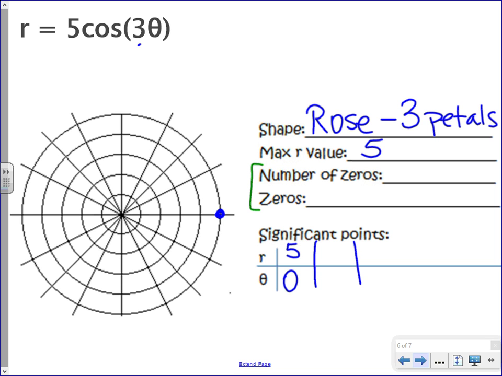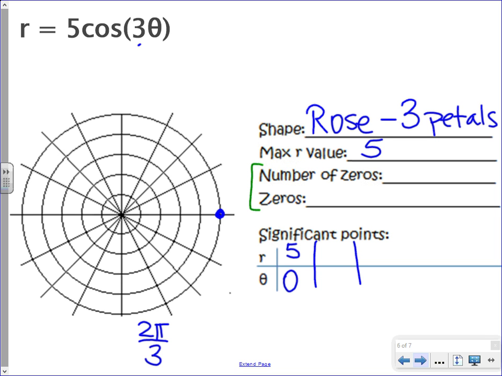Okay? So all we have to do is figure out how far apart these petals are. I don't care if you think about this in degrees or radians, but you need to do the calculation somehow. We have 2 pi radians to split up over the course of 3 petals. Or you have 360 degrees to split up over the course of 3 petals.